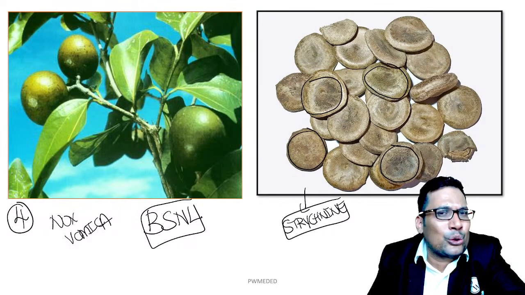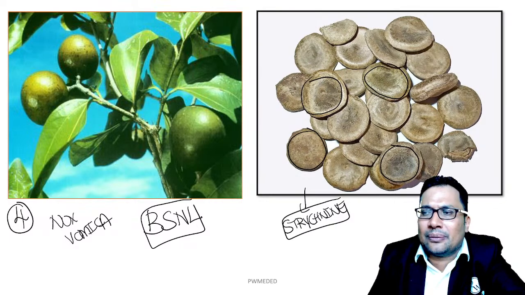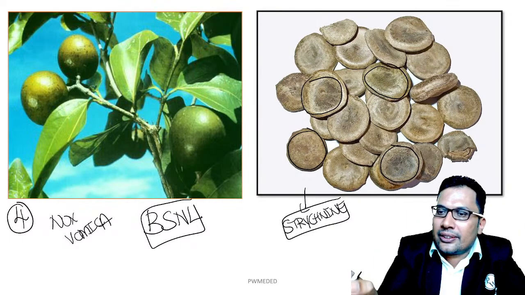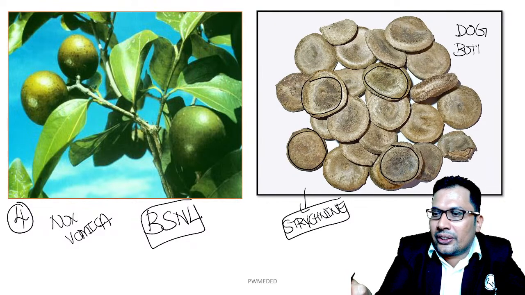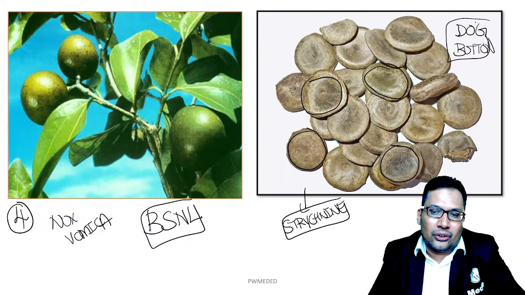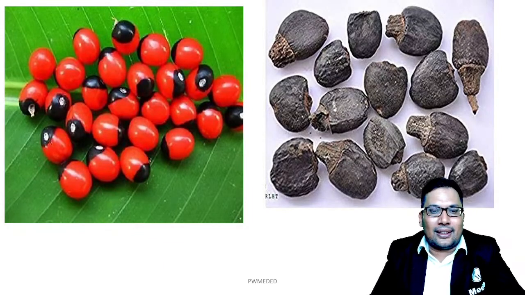It is not an ideal suicidal agent, not an ideal homicidal agent. It is usually an accidental poison. It is also known as dog button, that also can be asked. It is used to kill street dogs, that's why it is known as dog button.